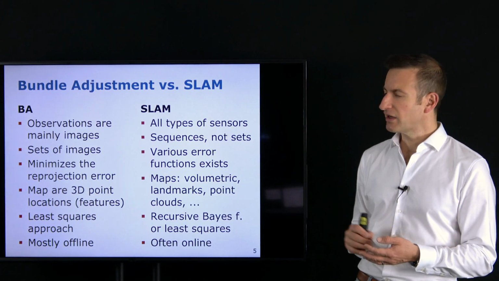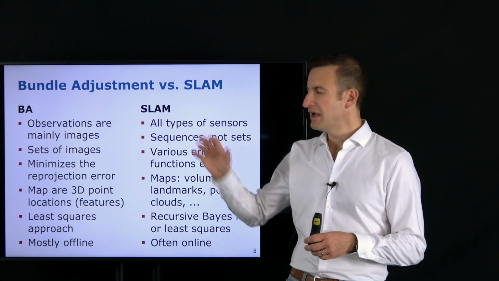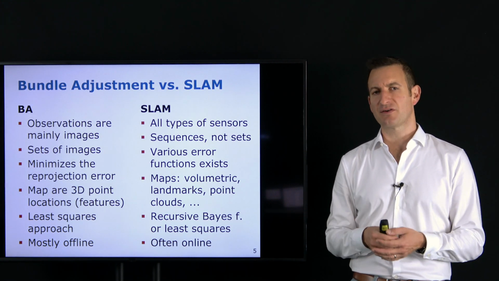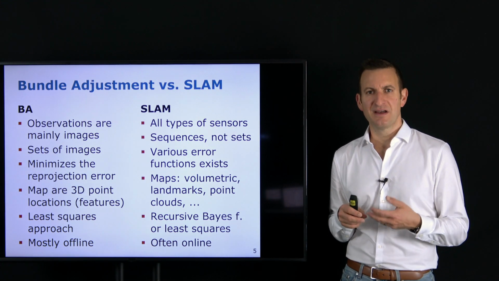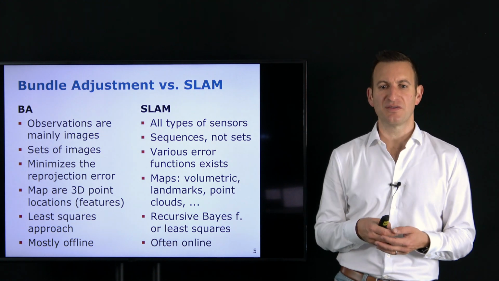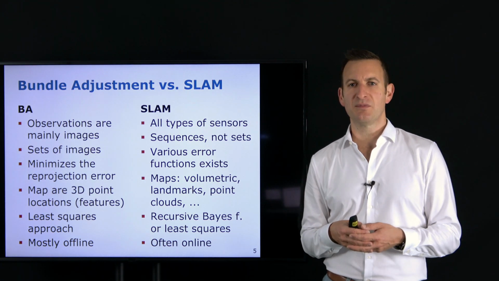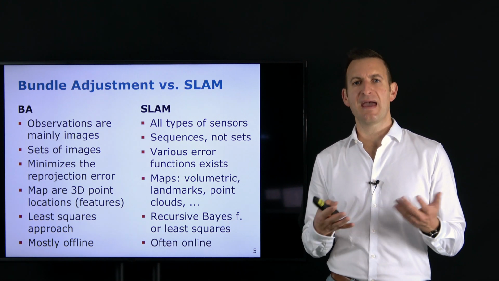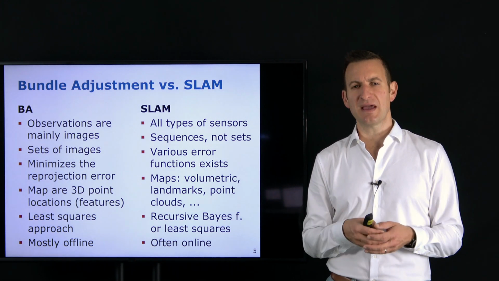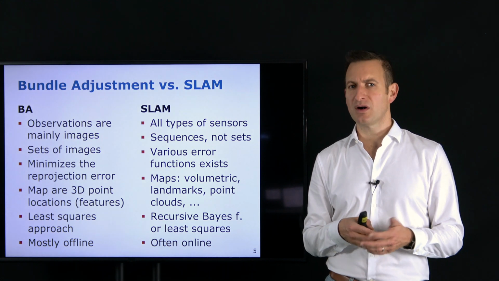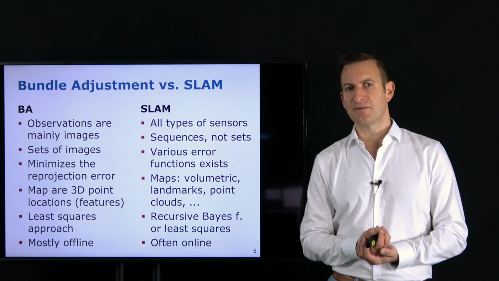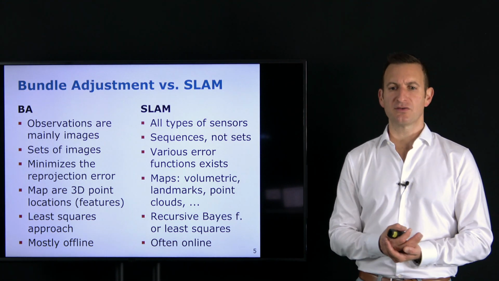So we can actually directly compare bundle adjustment here and SLAM. I mean, they are very related problems and address a very, very similar problem, but they're kind of slightly different flavors that are out there. So in bundle adjustment, we typically only consider images as our observations. I mean, we may add IMU or GPS information to our mapping tasks, but most of the time when we talk about bundle adjustment, we refer to a purely image-based approach.